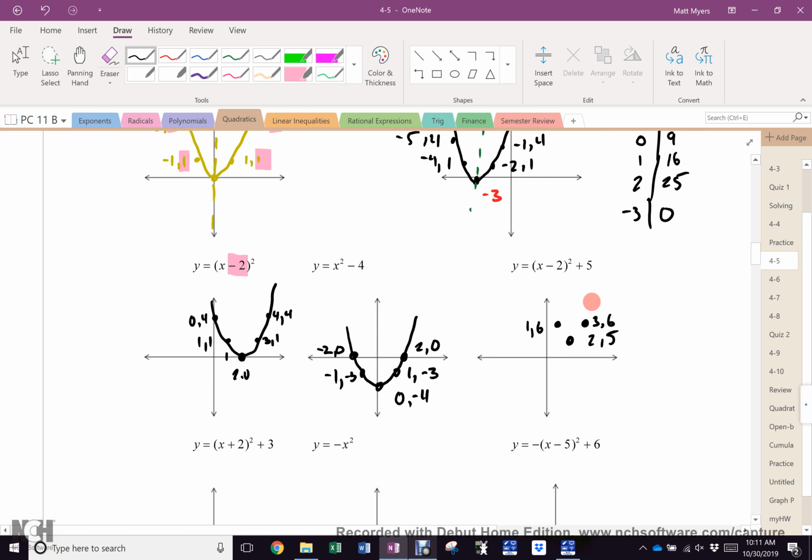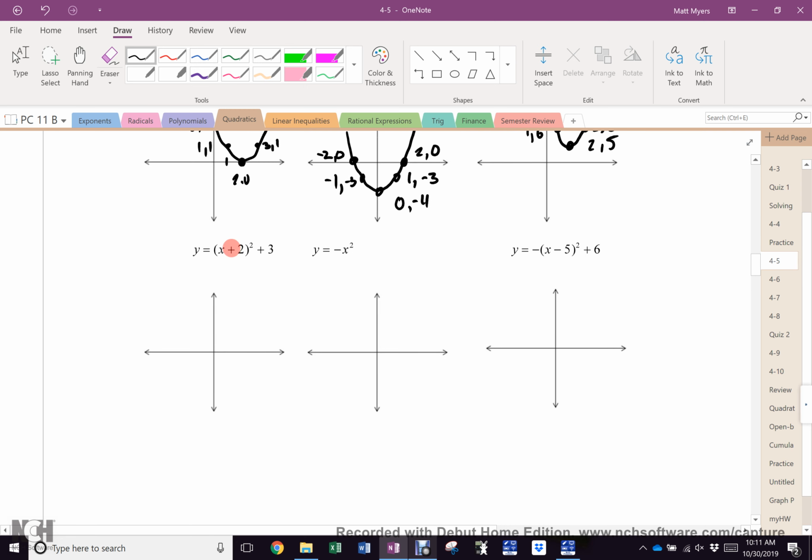I would go up 4, so this point would be 4, 9. What would this point be? 0, 9, because the y's stay the same. Everybody good? All right.